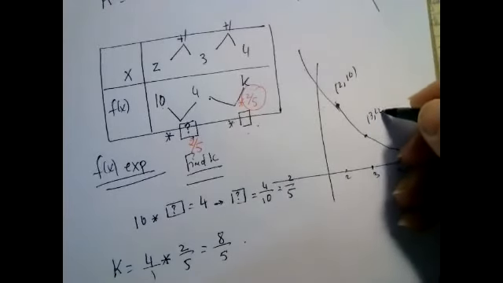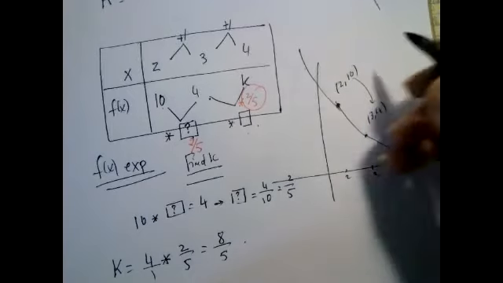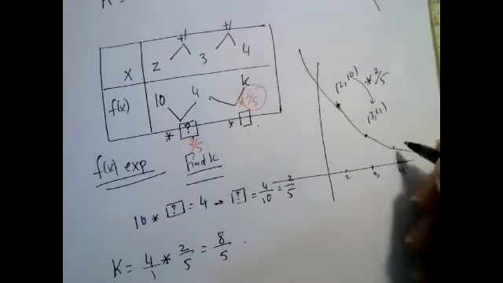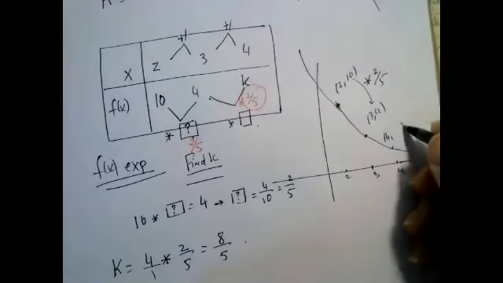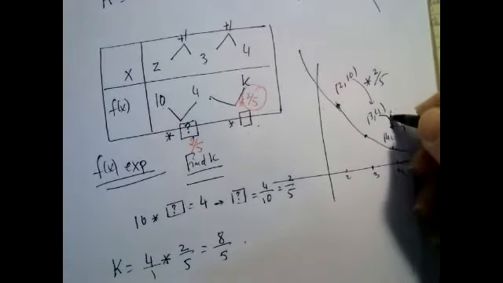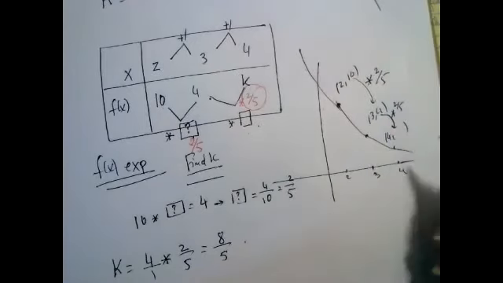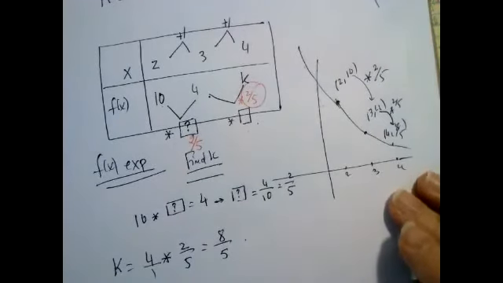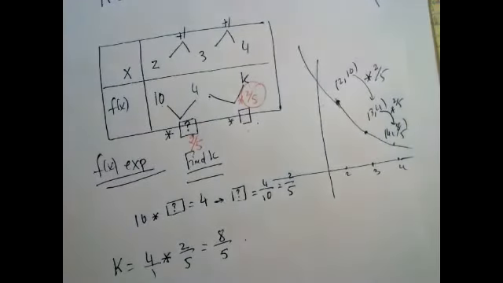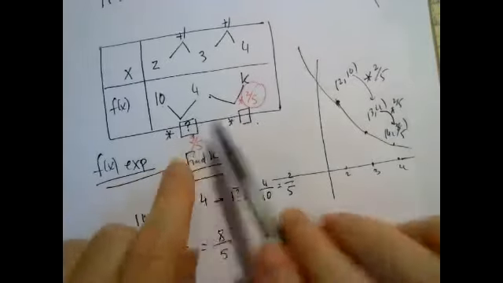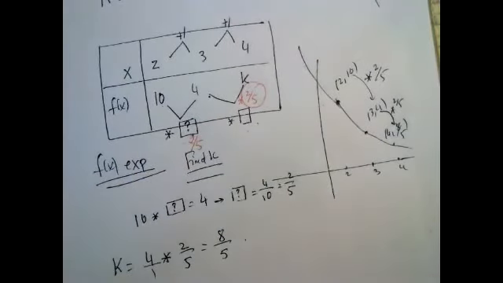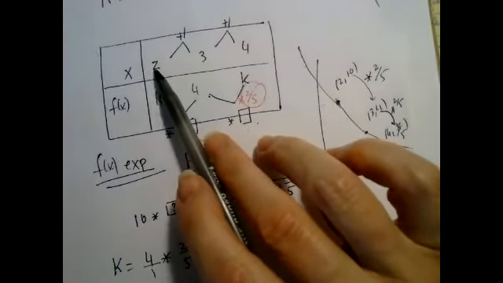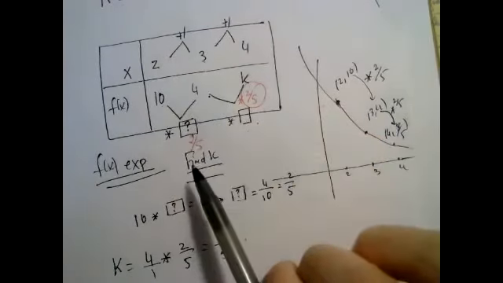At 3, we are at 4. From 10 to 4, we're multiplying by 2/5. And then for 4, I should take 4 and multiply this by 2/5. And this will give me the 8/5. All right? And this is to emphasize the difference between exponential, you multiply by the same number because it's a times b to the x. Every time you multiply by b, when we go from one value to the value 1 unit after it.